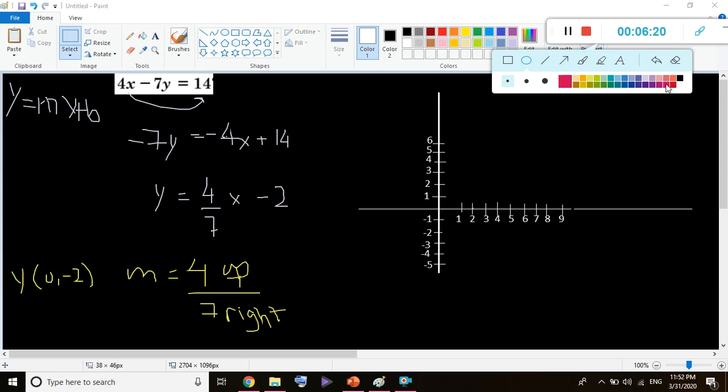The first point that we have here is 0, negative 2. It's the easier thing we can do here. So it's going to be 0, negative 2 over here. Then we're going to move 4 units upward. It's going to be 1, 2, 3, 4. So we reach 2. And we're going to move 7 units to the right.